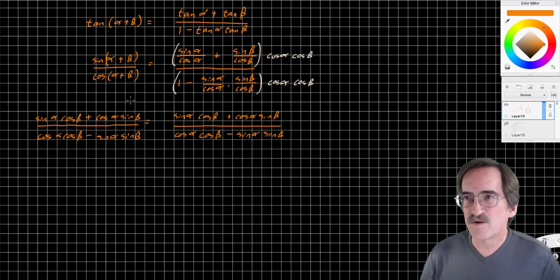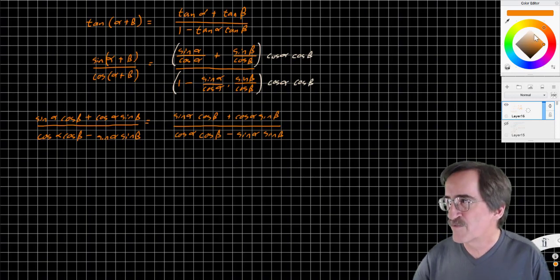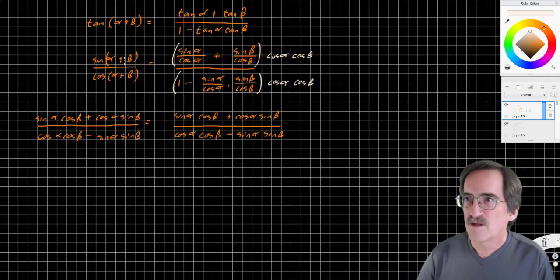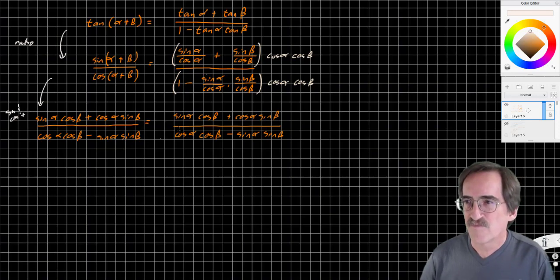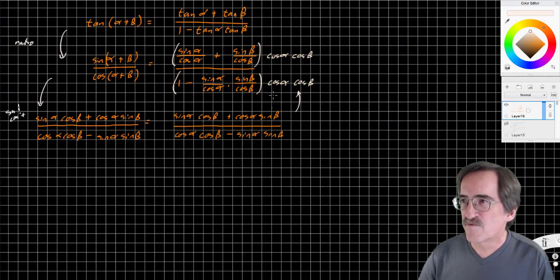So if I flow in one direction, now this has to be totally reversible. So let's walk it one direction here. If I go down here, we've used the ratio identity. If I go down here, we have used the sine and cosine addition formulas. Now, how do we get from here to there?